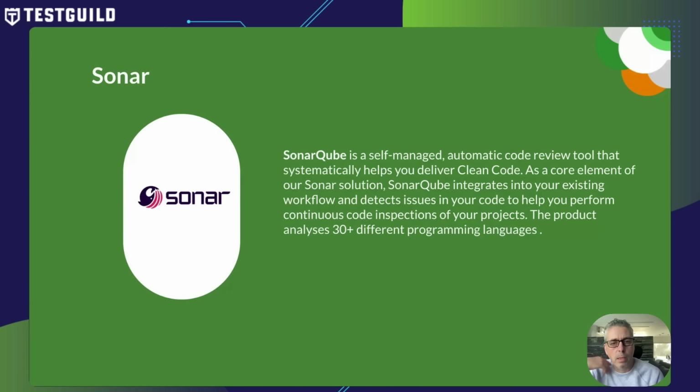One of them is probably a well-known tool, which is SonarQube. SonarQube is a scanner that acts on the code that we are analyzing and detects different things depending on how we configure it.